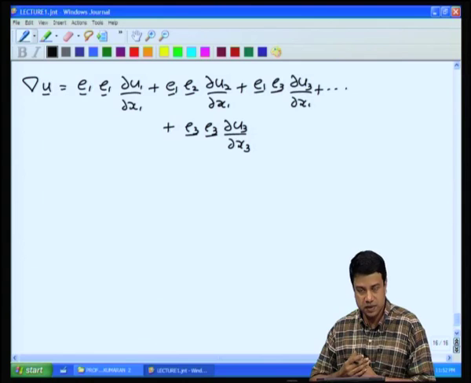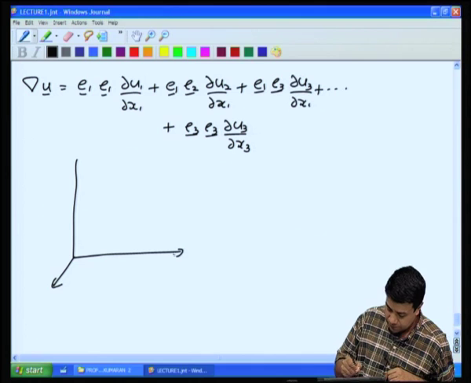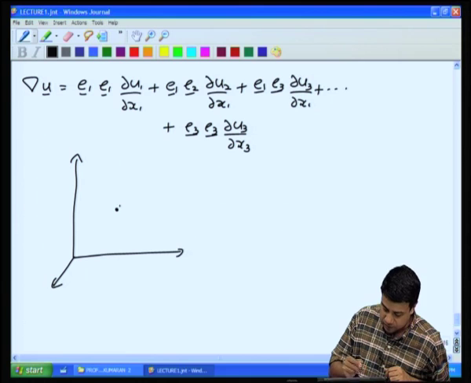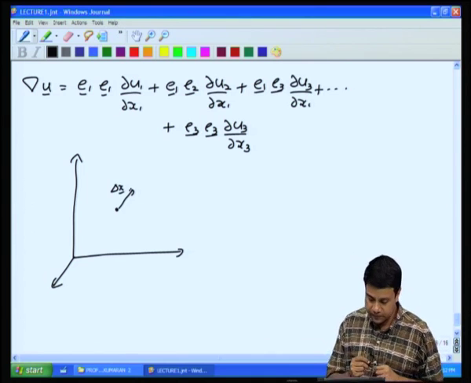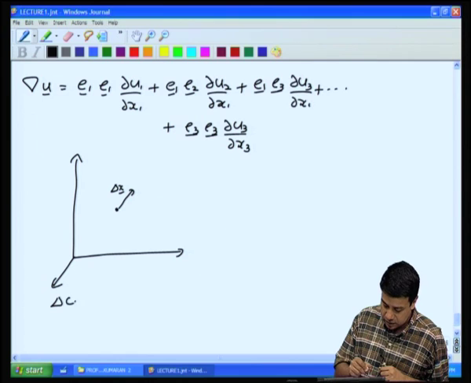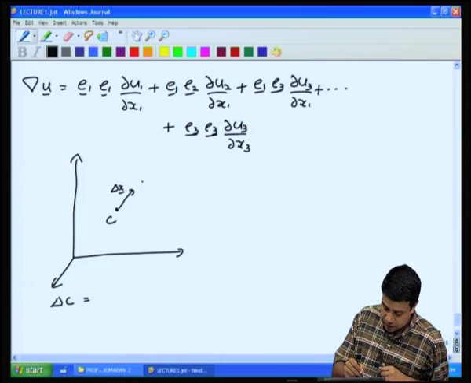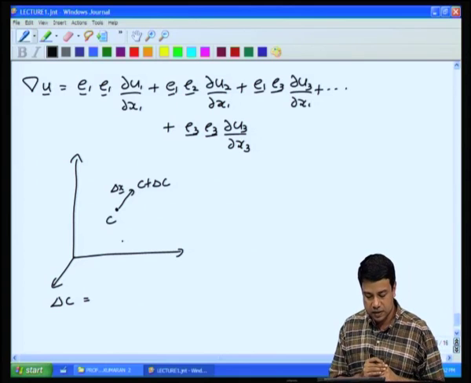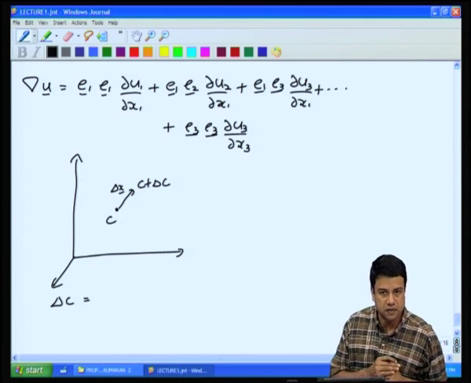Physically, what does this represent? What did the gradient of the concentration tell you? Okay. You sit at one particular point. If I go a small distance delta x in some particular direction, the variation in concentration is equal to, okay, so if I have c and c plus delta c here, if I go a small distance delta x in one particular direction, in this concentration field there is going to be a variation in the concentration.